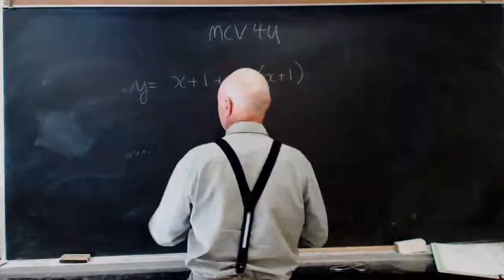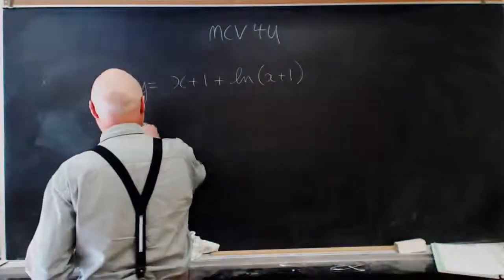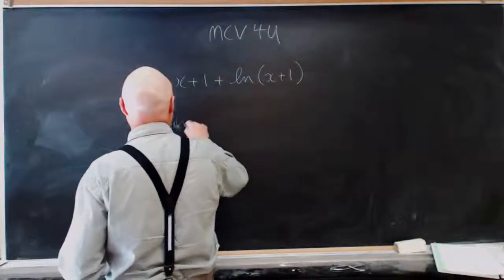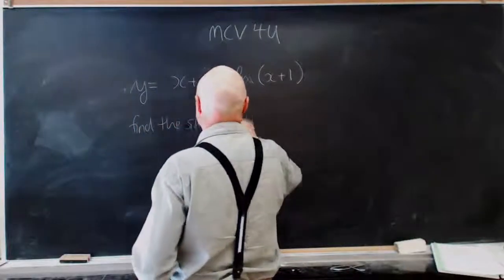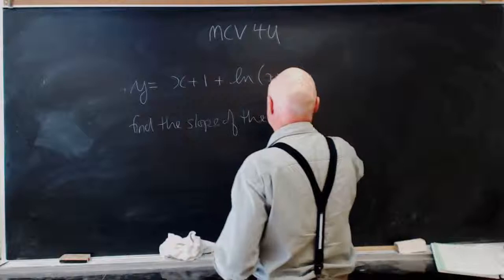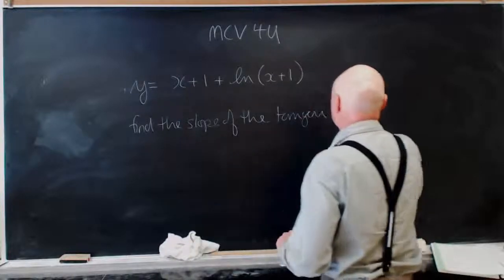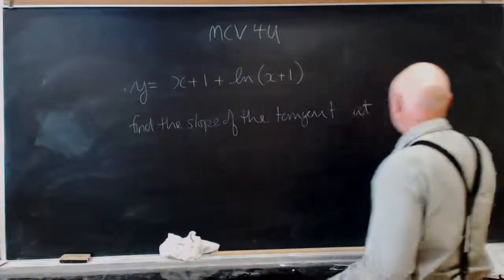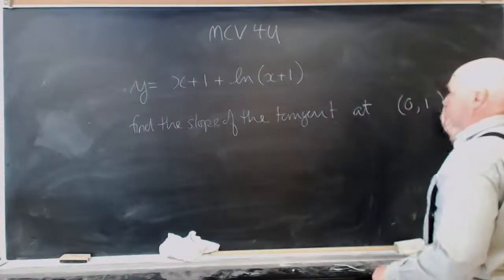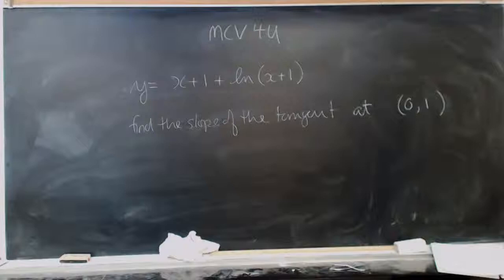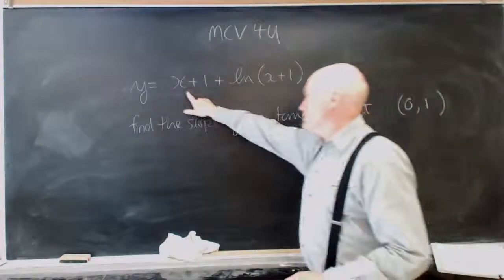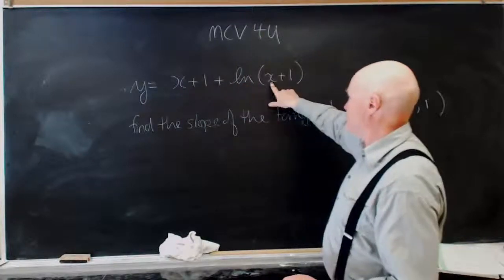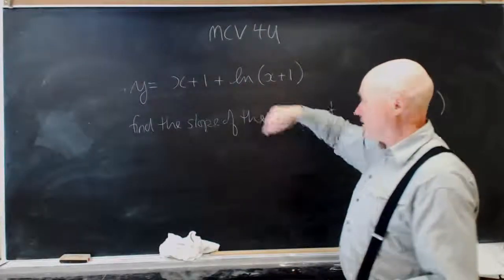So find the slope of the tangent at 0 and 1. So when x is 0, 0 plus 1 is 1, and the natural log of 1 is 0.